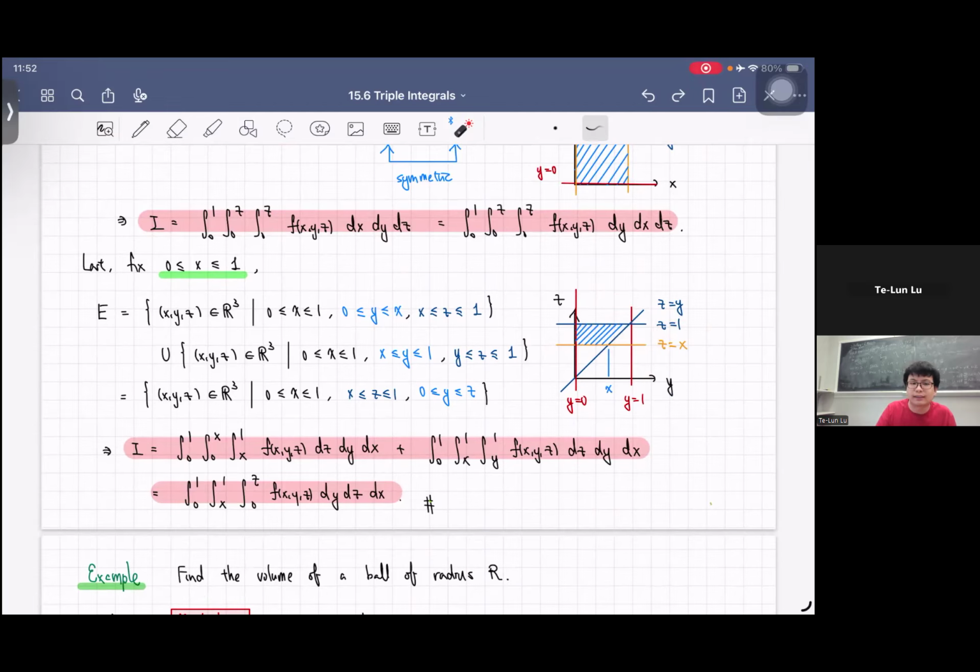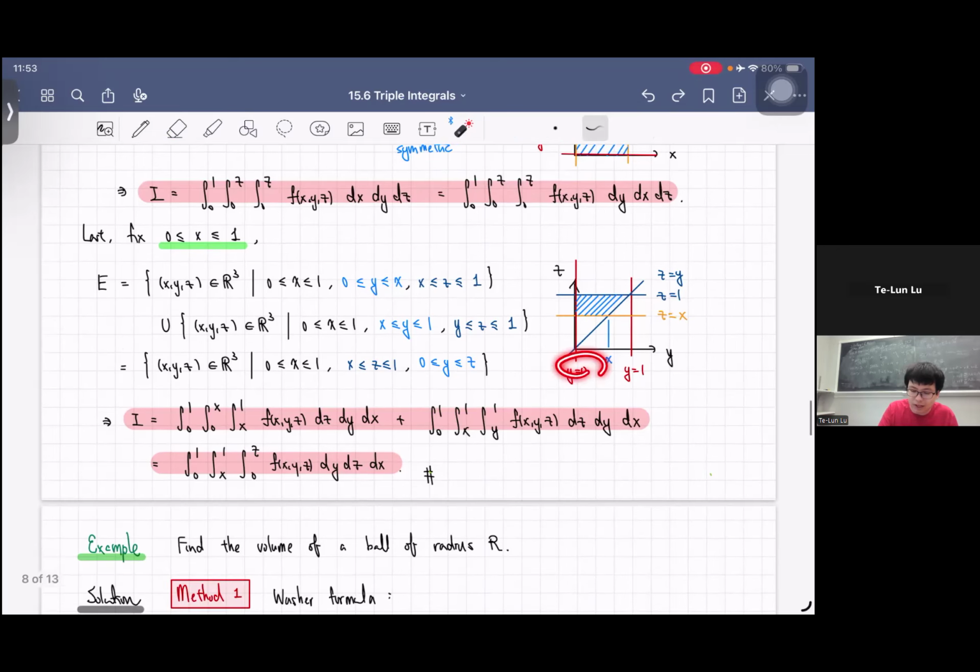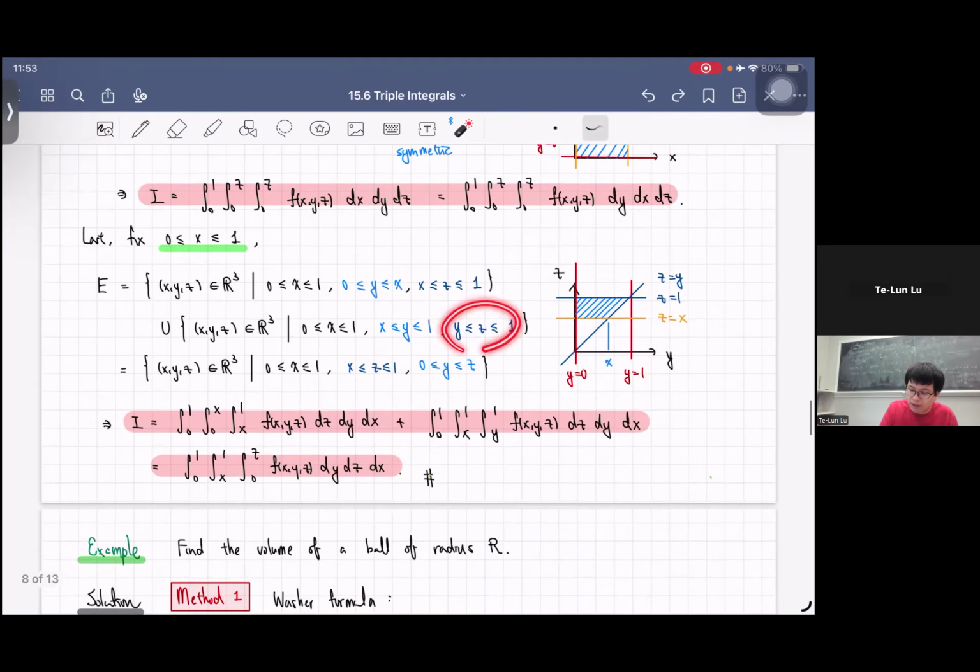If we regard this as a type 1 domain, where we fix y to be of constant boundary, 0 to 1, then we have to split this into 2 sections because they have different function boundaries. For y between 0 and x, you have z between x and 1. For y between x and 1, you have z between y and 1. So those are the 2 trapezoidal domains.